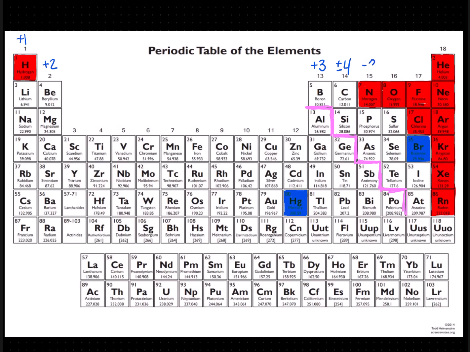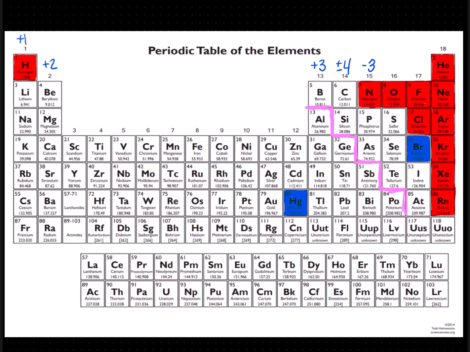So it has a minus 3 charge. Remember, only electrons move. So when you gain electrons, you're going to have more electrons which are negative in charge. When you lose electrons, you're going to have less negative charge because there are fewer electrons, so there's more positive charge.